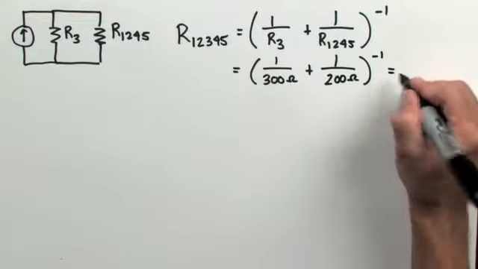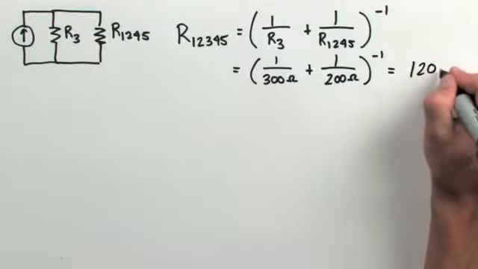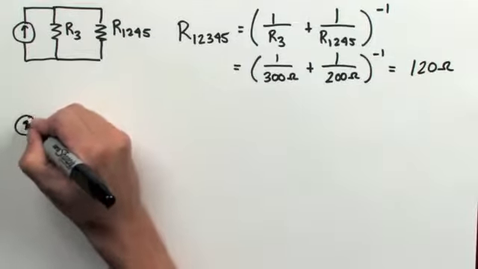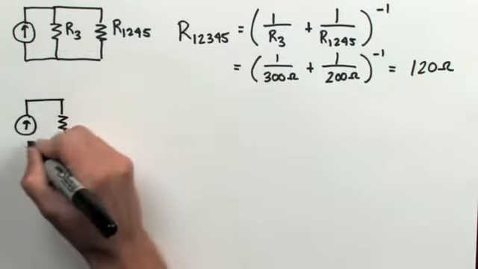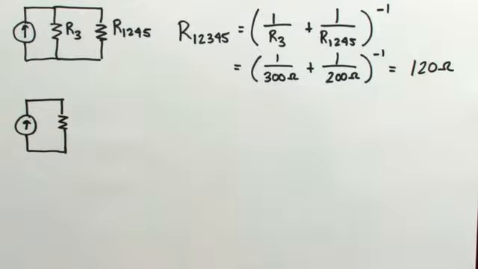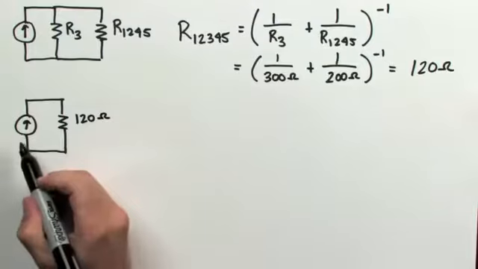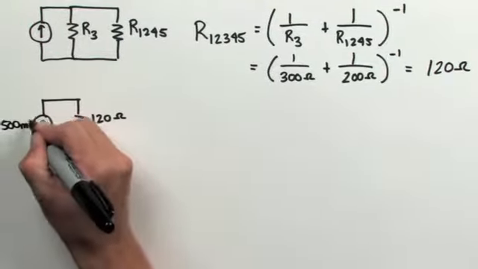When I calculate that out, I should get an equivalent resistance of the entire circuit of 120 ohms. So I've succeeded in reducing my circuit to one equivalent resistance of 120 ohms, provided with a current of 500 milliamps.